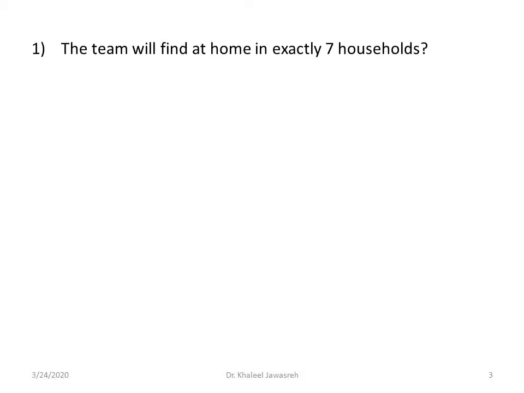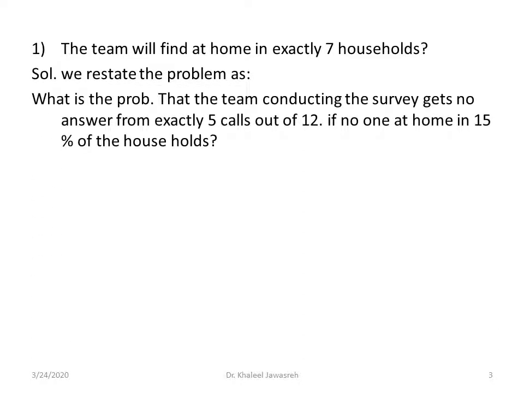What is the probability that the team will find someone at home in exactly 7 households? Exactly, again. Now, we restate the problem: since we are thinking about failure, not success, what is the probability that the team conducting the survey gets no answer from exactly 5 calls out of 12, if no one is at home in 15% of the households?